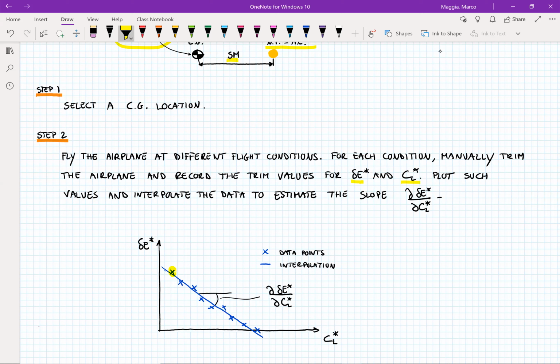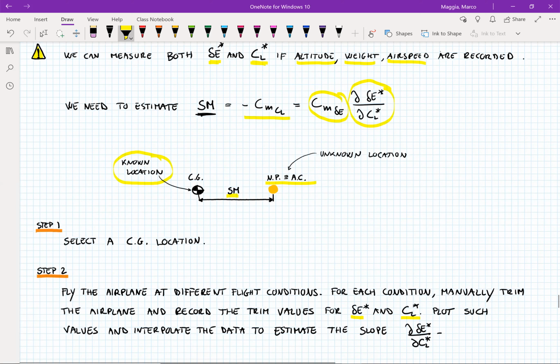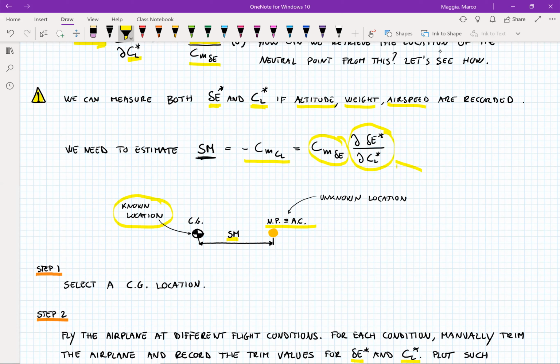So let's say we have one flight condition, second flight condition, third flight condition, and so on. So by interpolating the data, we find a curve, and this is a straight line actually, and the slope of this line is partial delta E, partial CL.